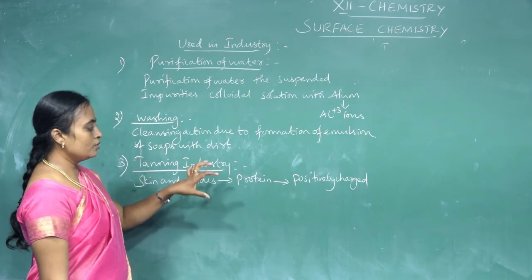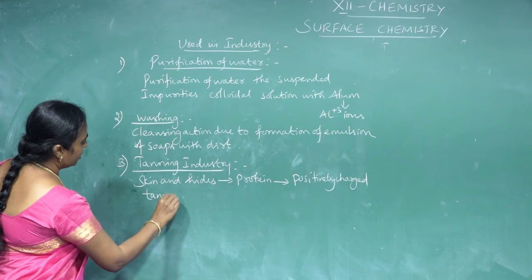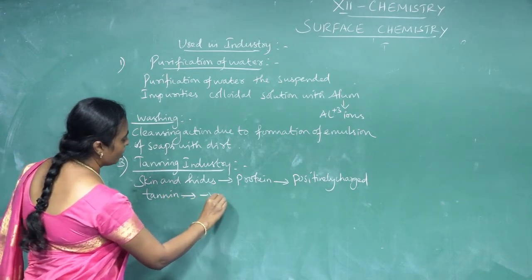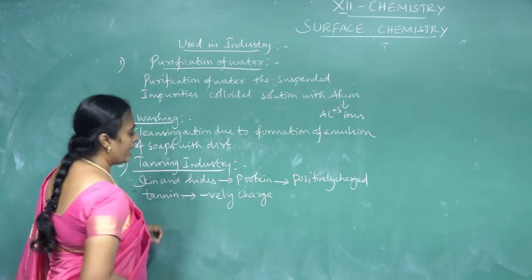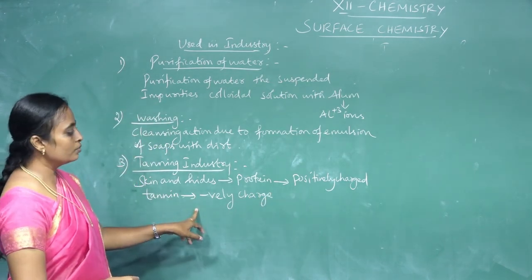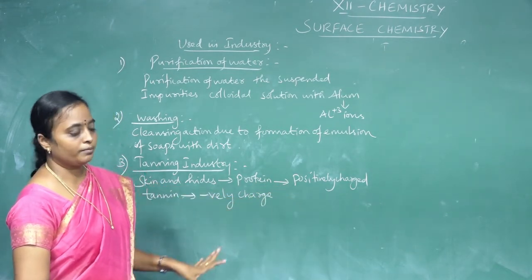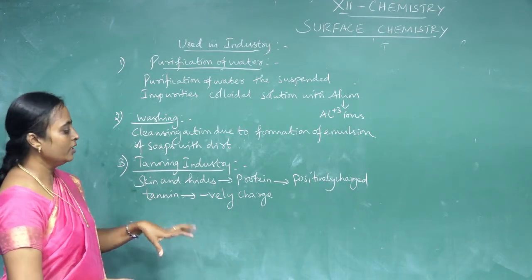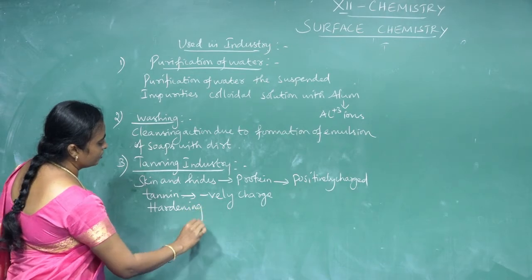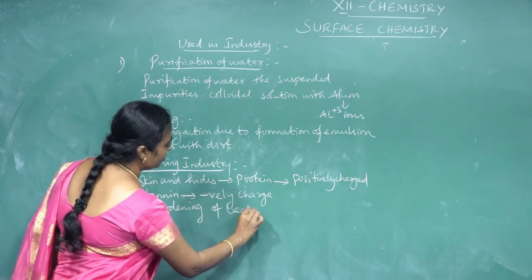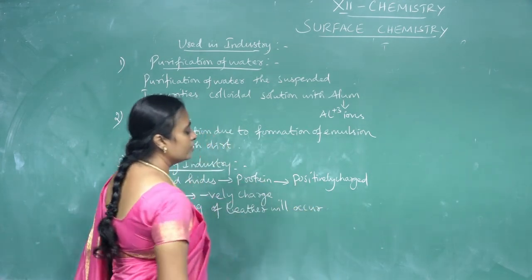Whenever we add tannin, which is a negatively charged material, to the positively charged material, there is a mutual coagulation. By this coagulation, hardening of the leather will occur.